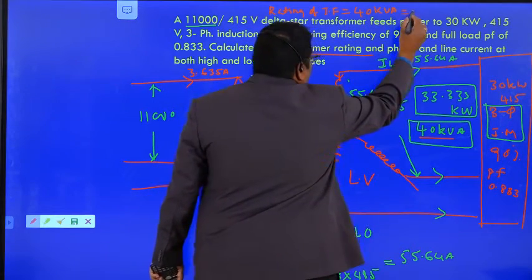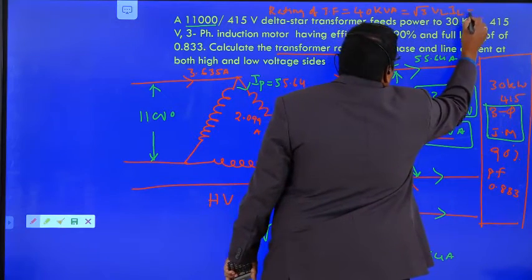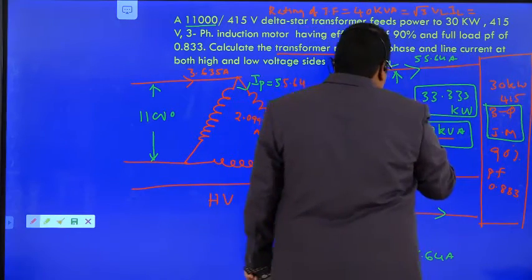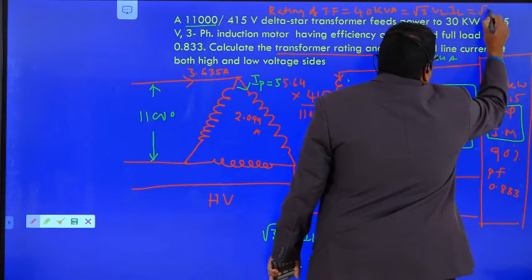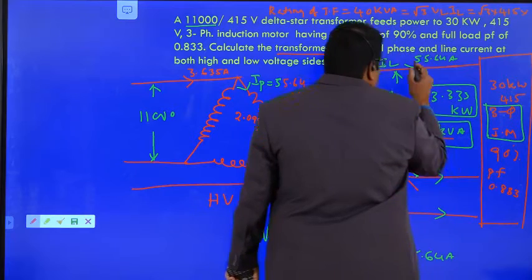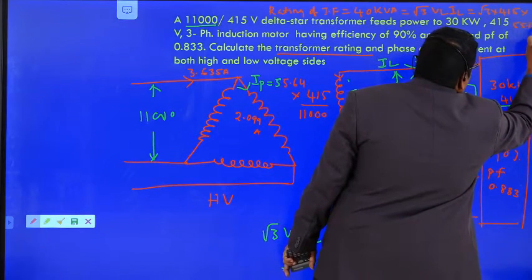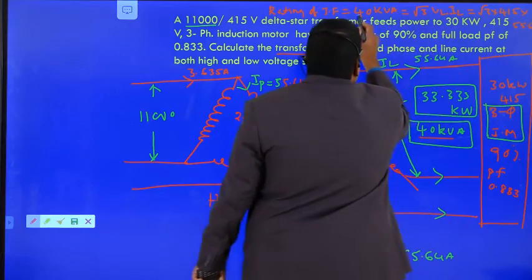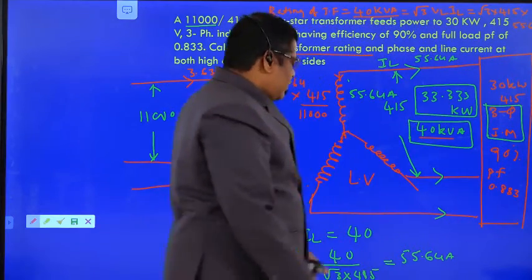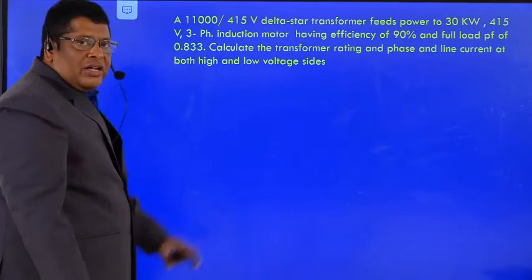This is equal to root 3 VL IL on the secondary side, root 3 into 415 into IL, 55.64. We are getting this value. In this manner we can calculate the parameters asked in the problem.